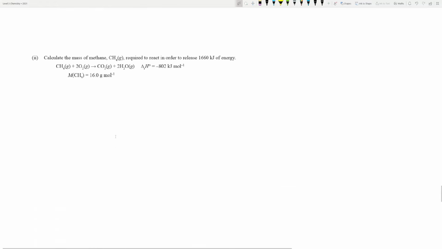All right, next part. Calculate the mass of methane required to release 1,660 kilojoules. So we're interested in CH4.